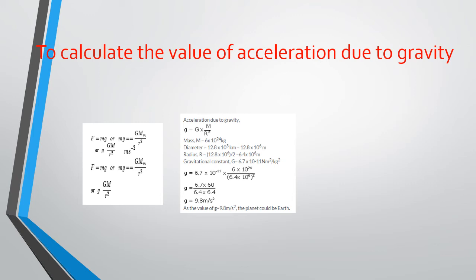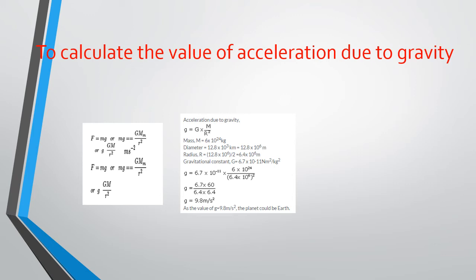So, mass M will be equal to 6 into 10 to the power of 24 kilogram. Diameter of Earth will be equal to 12.8 into 10 to the power of 3 kilometer, that is 12.8 into 10 to the power of 6 meter.